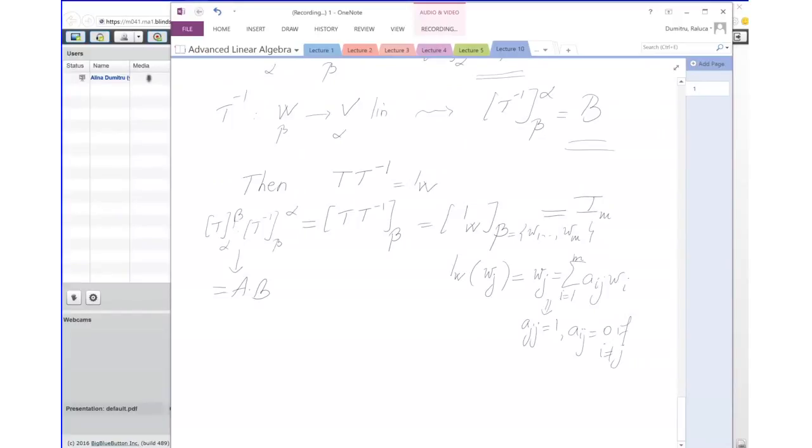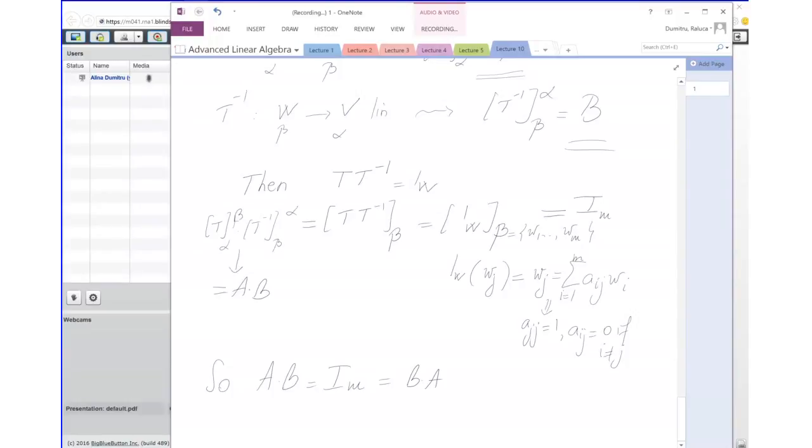So A times B, after all, is the identity M by M. I can also go backwards if I want, because T inverse composed with T backwards is still the identity. So B times A will also be the identity.